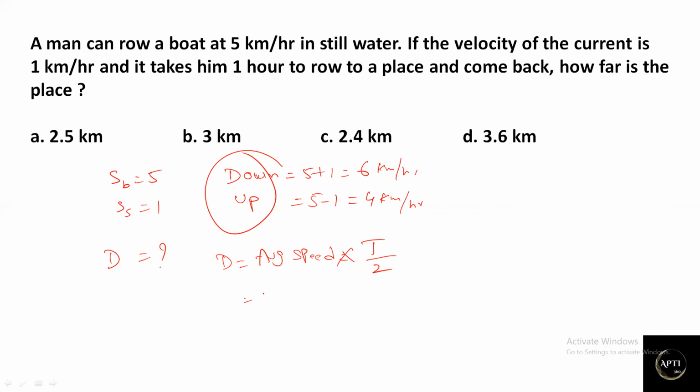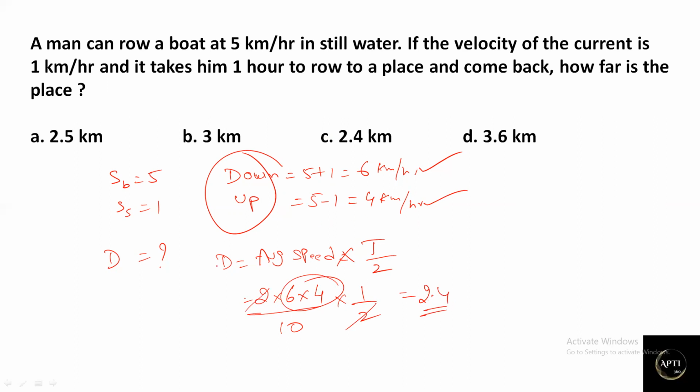So what is the average speed? 2 into s1, downstream 6, and s2, upstream 4, divided by 6 plus 4, which is 10, into 1 by 2. If you cancel this, the 2 will get cancelled. 6 fours are 24. 24 by 10 is 2.4 kilometers. That's it. See how easy it is.